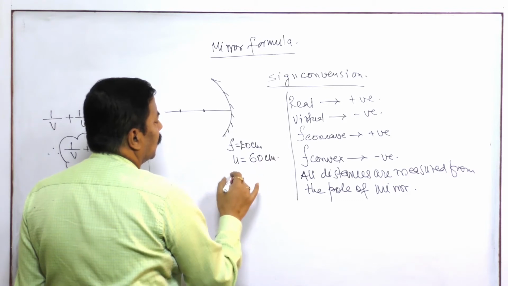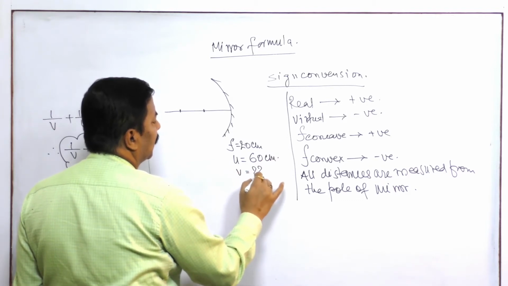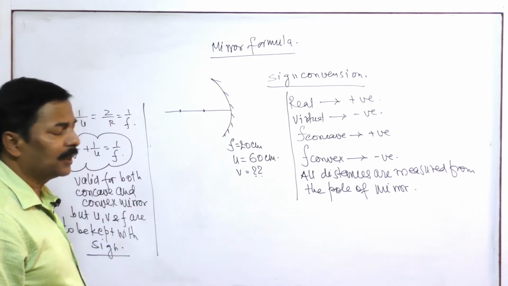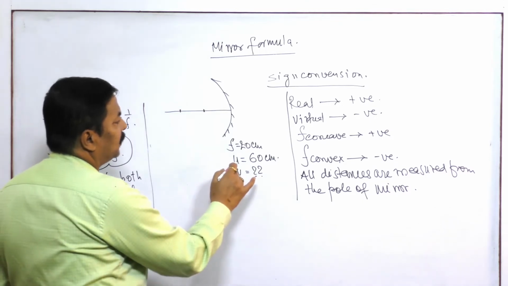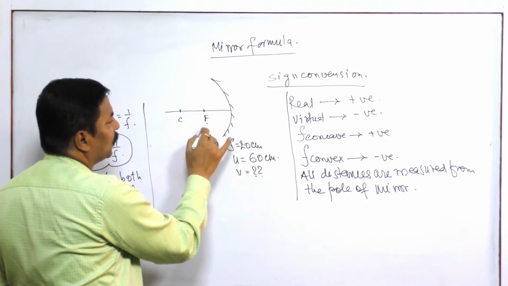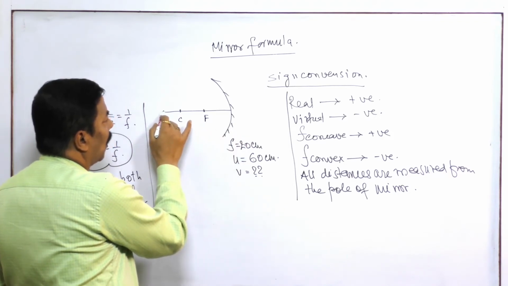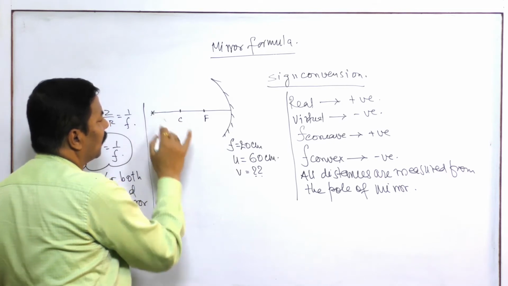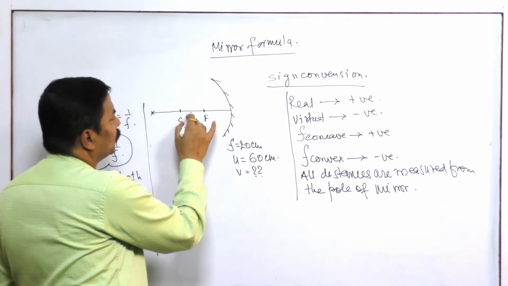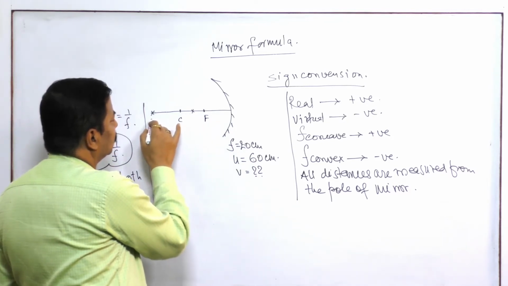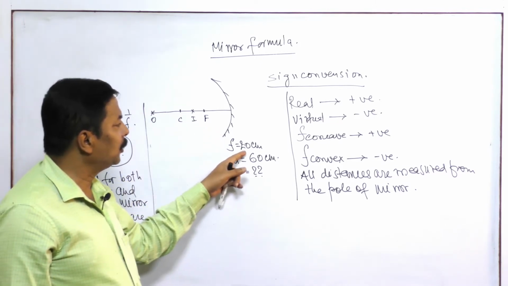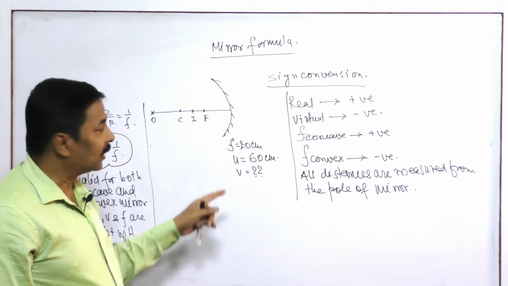You have to find the position of the image. By this question you can guess that the object position is beyond the center of curvature, since this is the focus at 20 and this is the center of curvature at 40. So we should get the image somewhere between 20 and 40. Let us check.